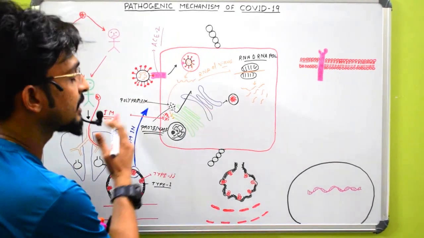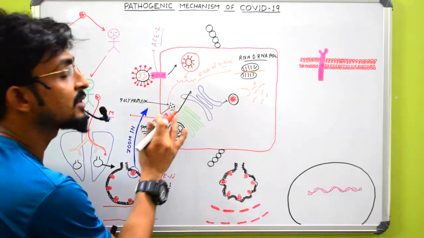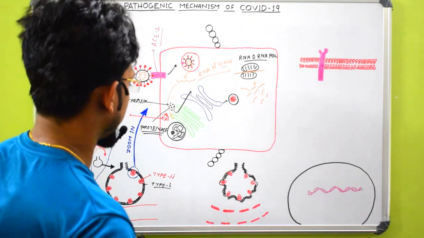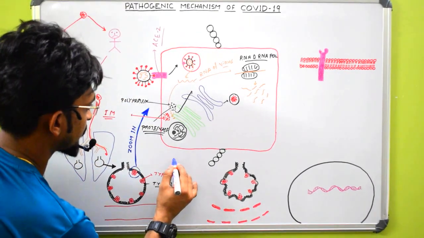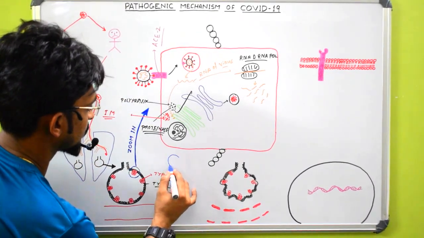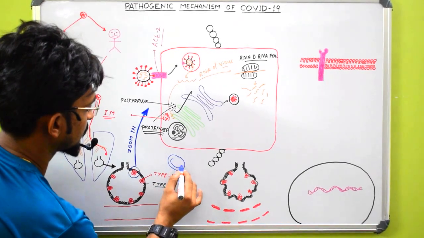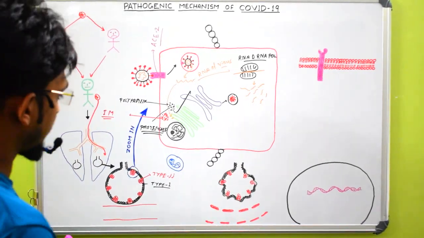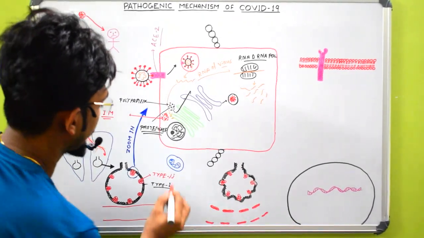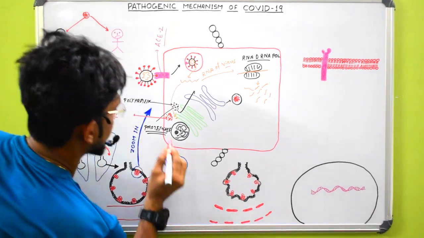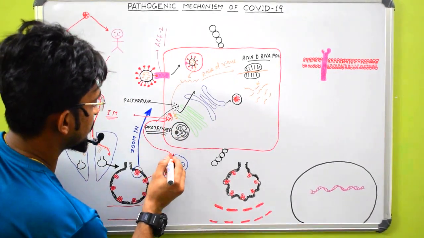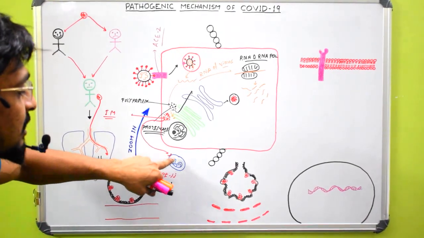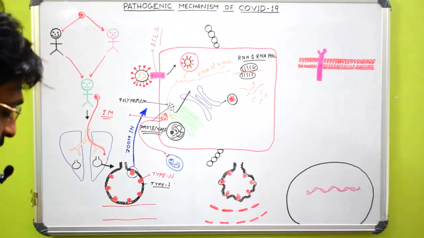Now what will this mediator do? As these mediators are released at the time of trimming of the polyprotein, they will trigger the macrophage. So this is the macrophage, and this mediator will bind on the surface receptor of the macrophage.